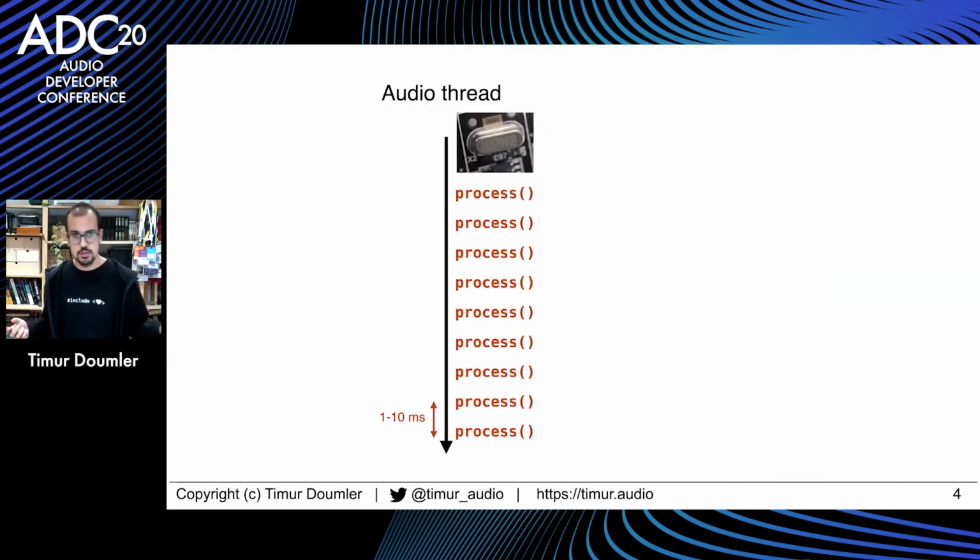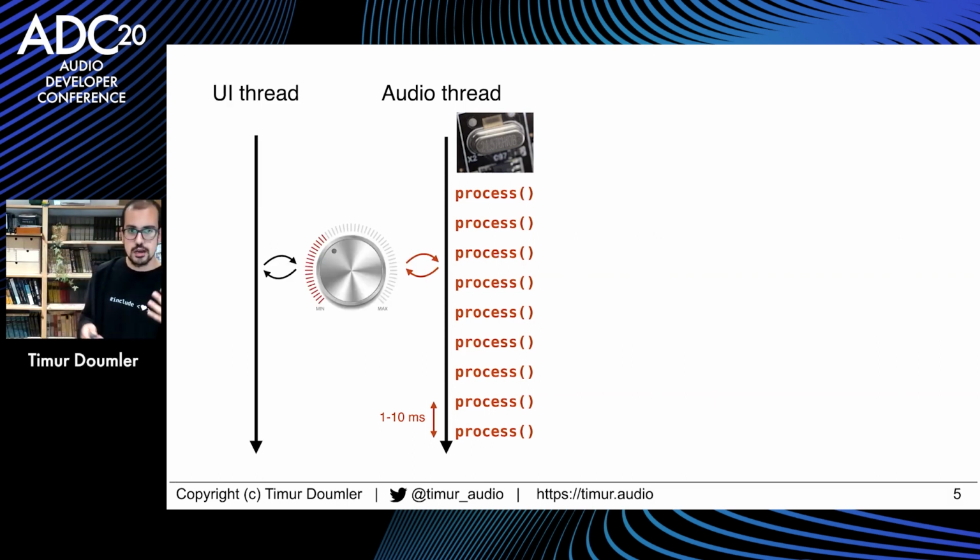If you do audio software, then we have this audio thread, which is doing our audio processing. And then we have this process callback, which is getting called on this real-time processing thread about every 1 to 10 milliseconds, depending on the settings of your buffer size and sample rate and things like that. And then you have other threads interacting with this real-time audio processing thread.